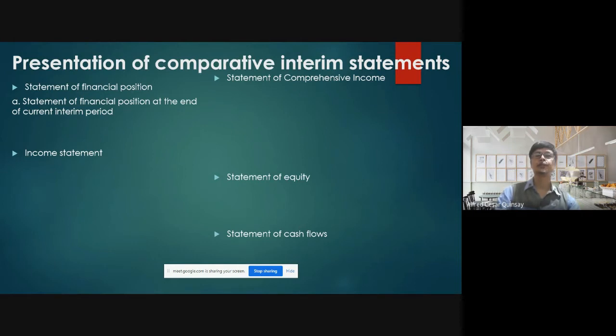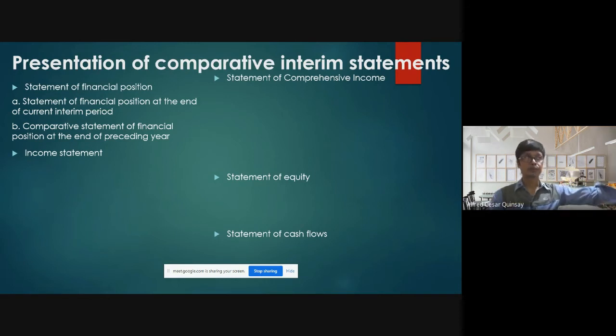Yan, so it needs yung comparative, no? And then yung comparative statement of financial position at the end of the preceding period, yung comparative, no? Okay? Sabihin yung end of the preceding period, and of course yung sa current, pinagkukumparahan siya.